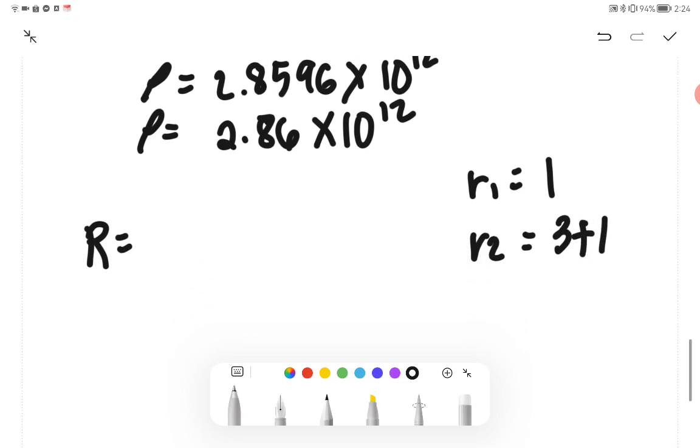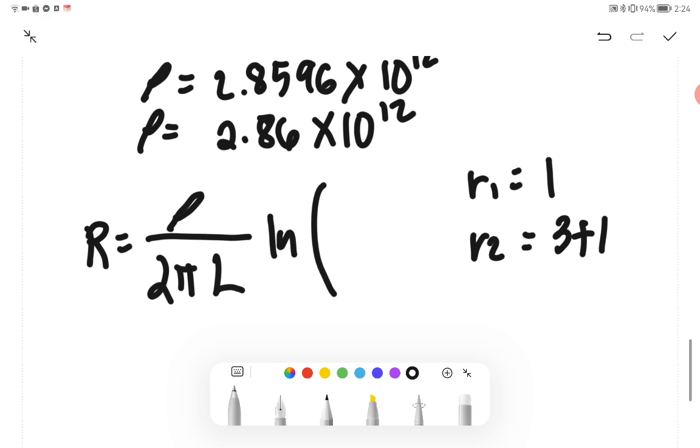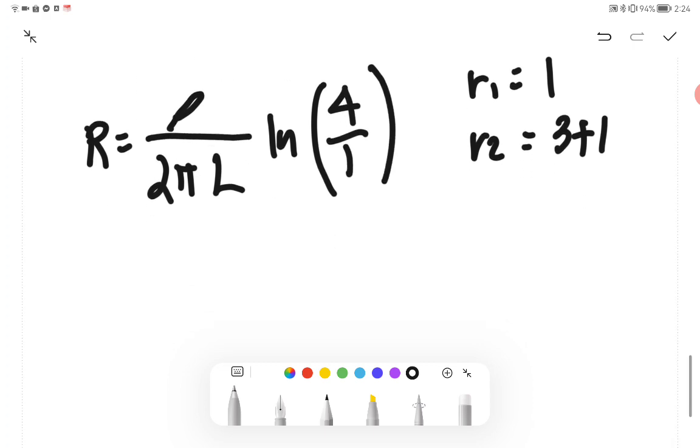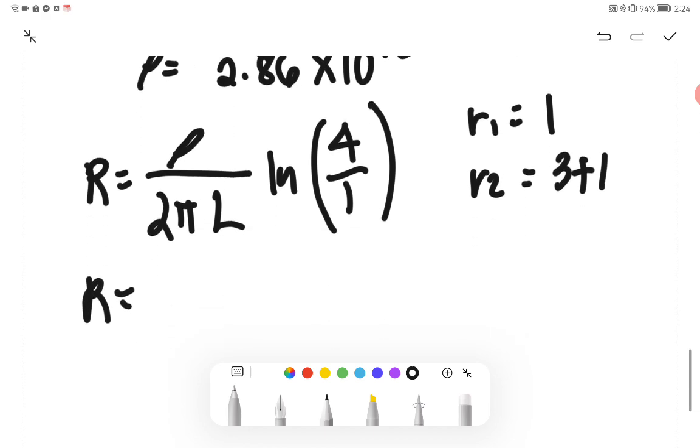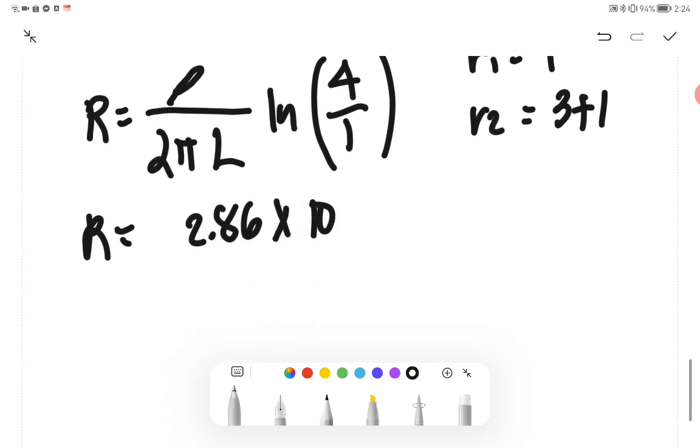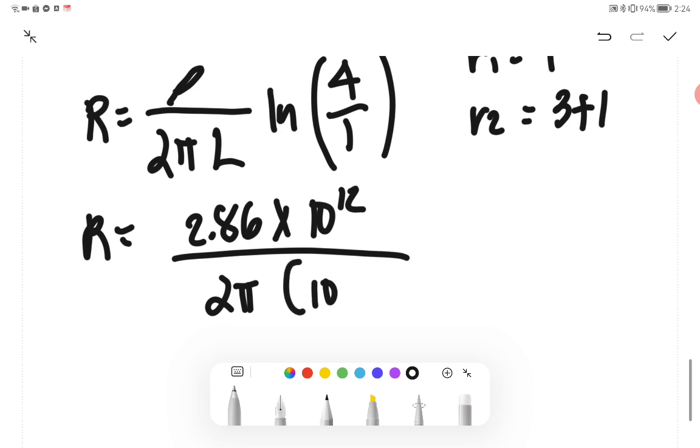Okay, so R equals rho over 2 pi L multiplied by ln of 4 over 1. So R is equivalent to 2.86 times 10 raised to 12 all over 2 pi multiplied by 1000, times ln 4. This one is simply 4.